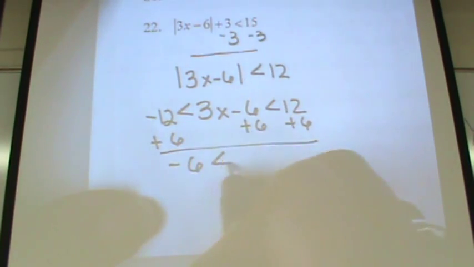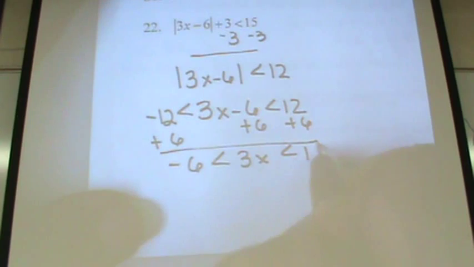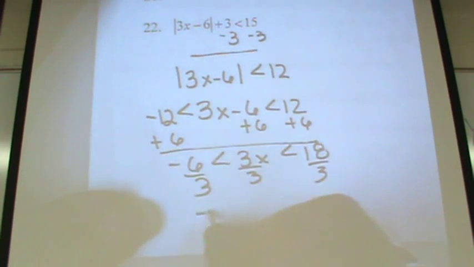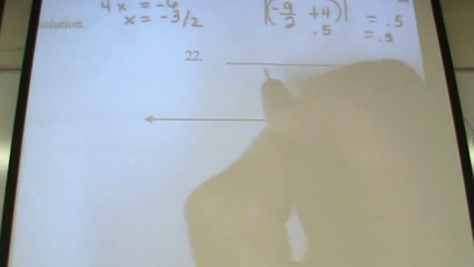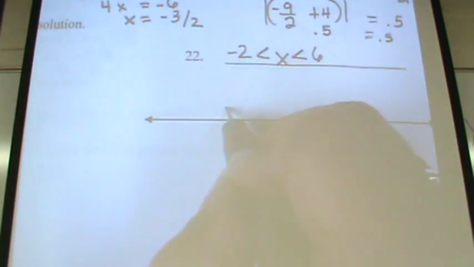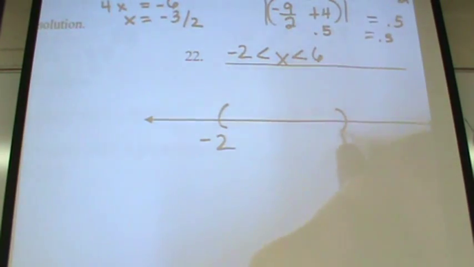So you get negative 6 is less than 3x is less than 18. Divide by 3. So you get negative 2 less than x and less than 6. So x is between negative 2 and 6. X is less than 6 and greater than negative 2. The graph of this looks like that. And we're going to shade in between.